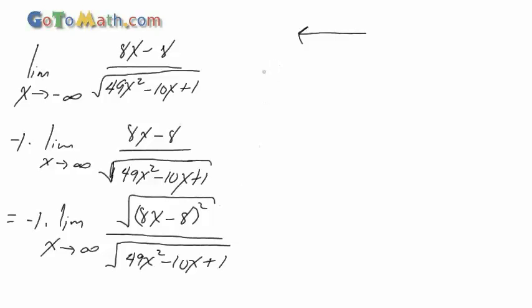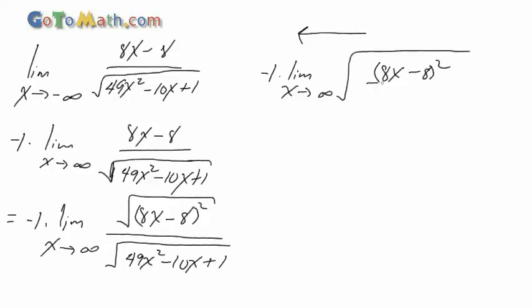So -1 times the limit as x approaches infinity of the square root of this whole mess, 8x minus 8 quantity squared over the denominator. This is one of the properties of limits when we're dealing with composite functions, and that's what we're really dealing with here.